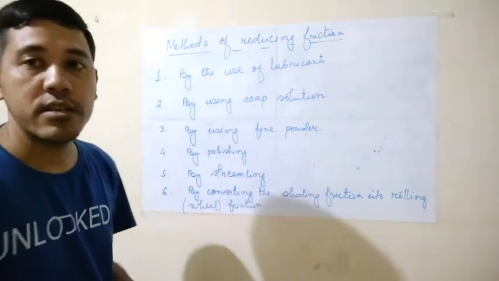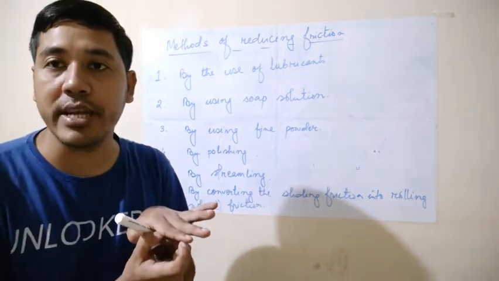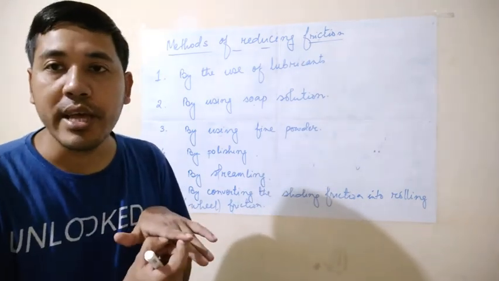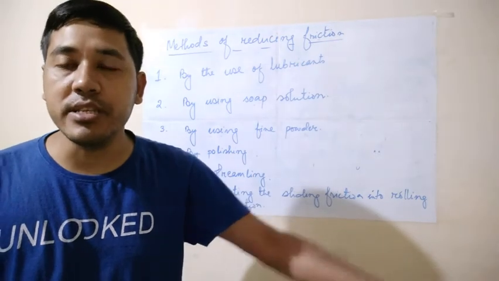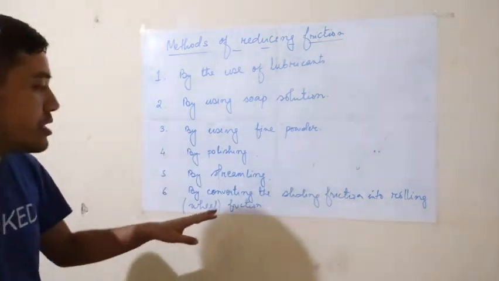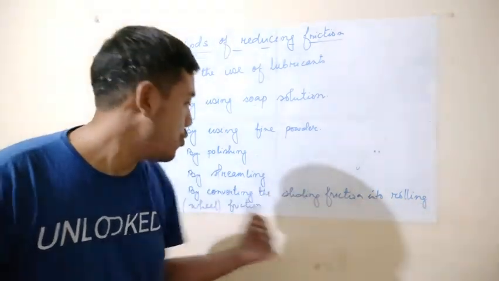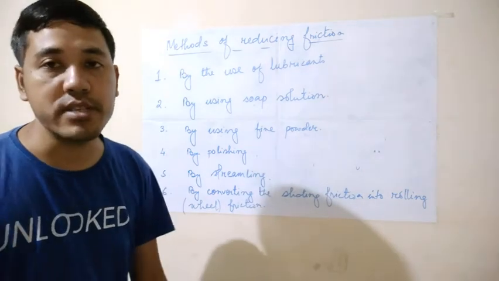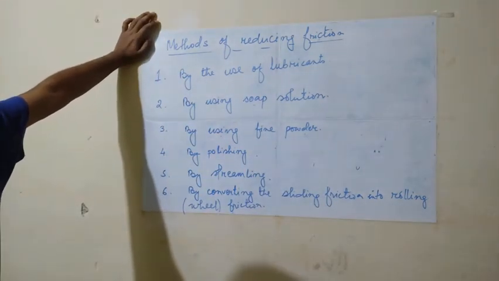We all know that we use wheels on our briefcases or luggage, because with wheels carrying luggage is very easy. That's why we use them. In place of sliding, we use wheels or rollers, and because of that the force of friction is reduced. These are some of the important methods of reducing friction.